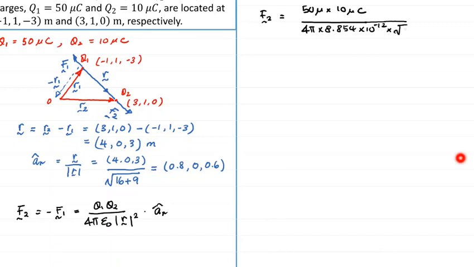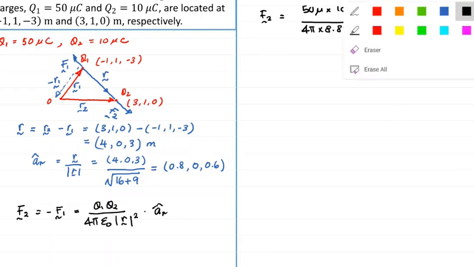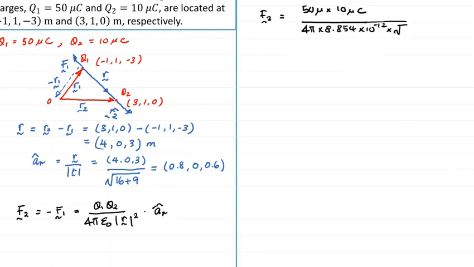The magnitude of r is the square root of 25, that is 5.